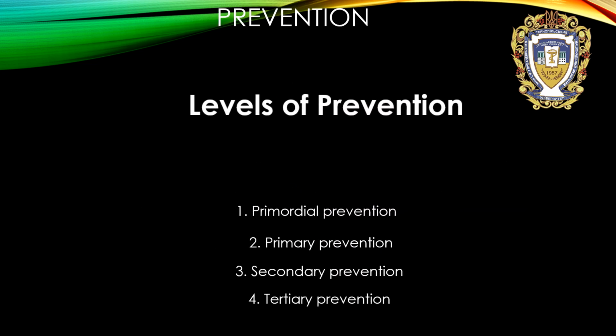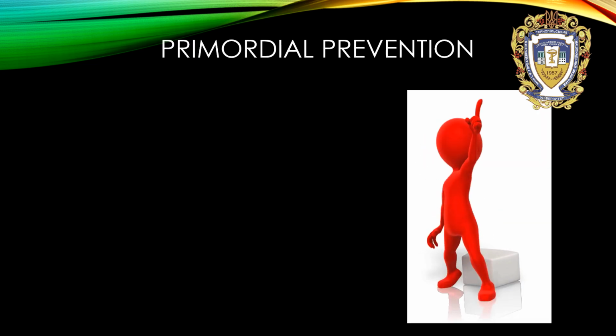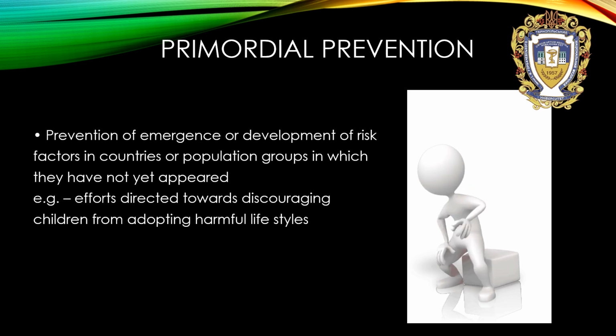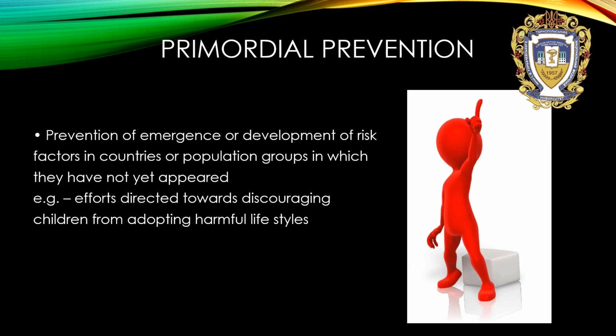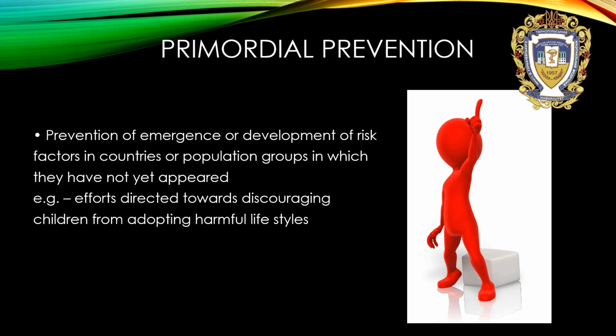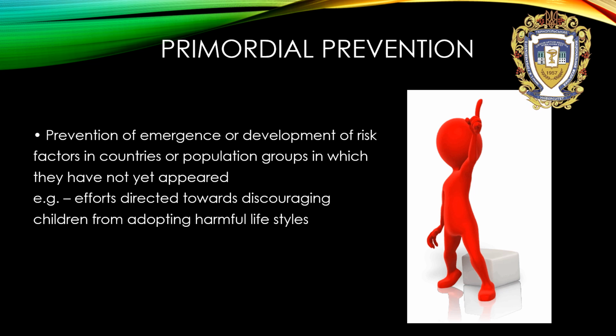Let's talk in more detail about levels of prevention. Primordial prevention. Prevention of emergence or development of risk factors in countries or population groups in which they have not yet appeared is called primordial prevention.